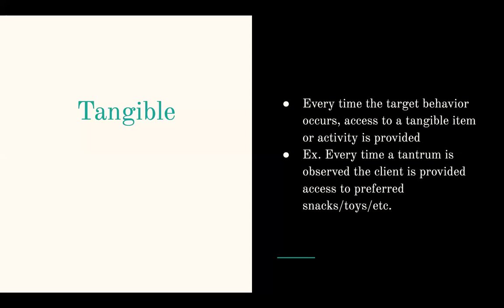If the behavior were to then stop or cease, then we can maybe think that that would be the function of the behavior, right? Because that met the client's needs and the tantrum was no longer occurring. However, if the tantrum were to continue even after given access to many different preferred items, I would say the function will probably not be tangible at this moment.